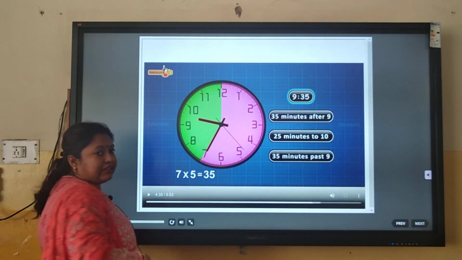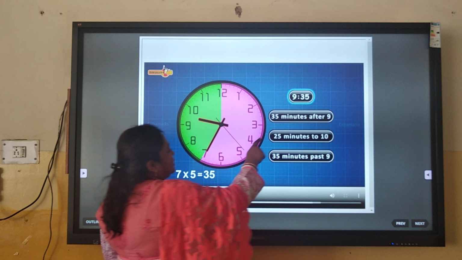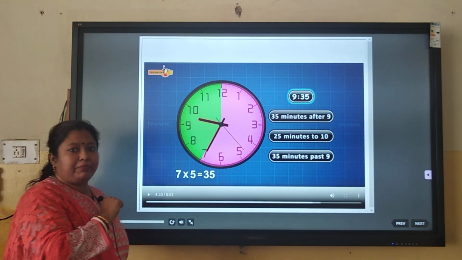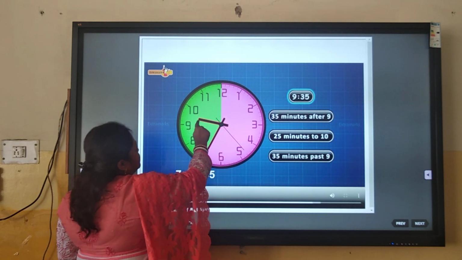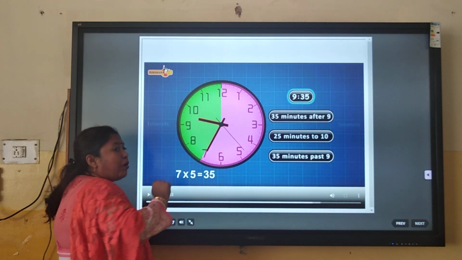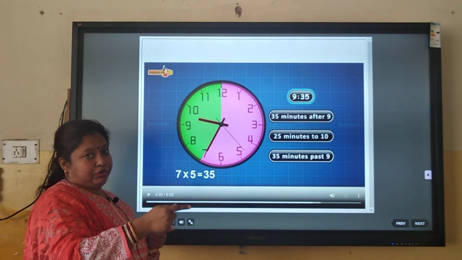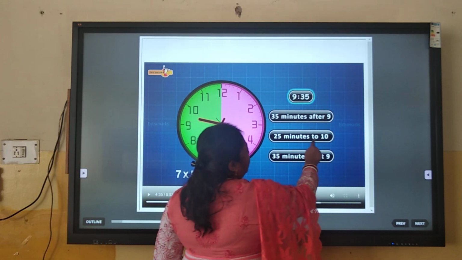This also I will explain, children. You can see that 25 minutes to 10. Why are we writing 25 minutes to 10? As you can see, the hour hand is about to reach 10. Which number is it about to reach? It is about to reach 10.